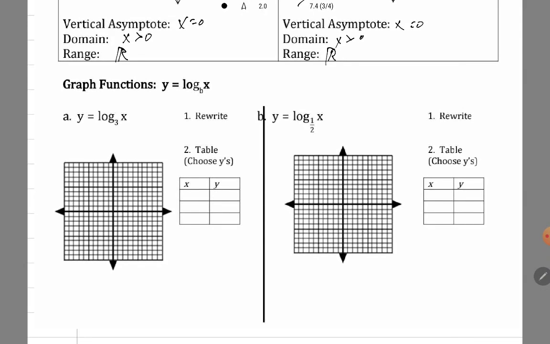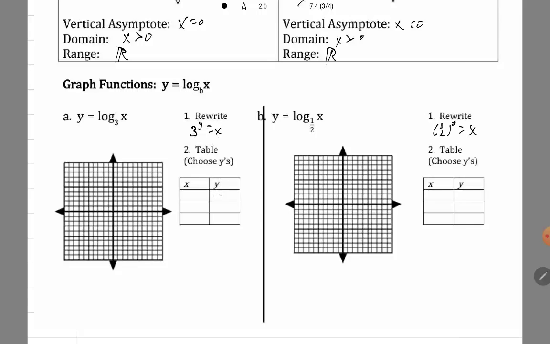So if we wanted to graph some simple logarithm functions, we're just going to rewrite it. Remember from last time, we can change this into base 3 to the y equals x. And then this one would be base 1/2 to the y equals x. When you're doing these, instead of choosing x values, we should choose y values because it's a lot easier.